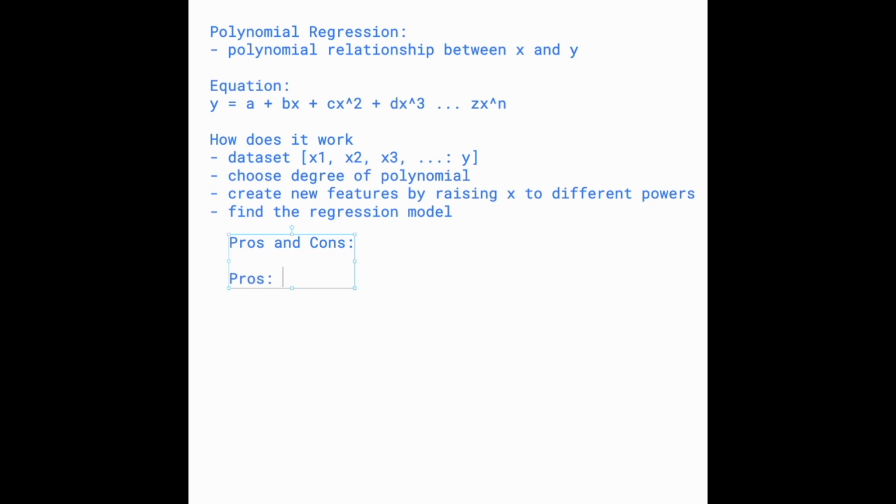So the pros: unlike linear regression, it can capture much more complex relationships within the data. This is obviously because we can take in multiple variables now, and it's not going to assume that it's just a linear relationship.